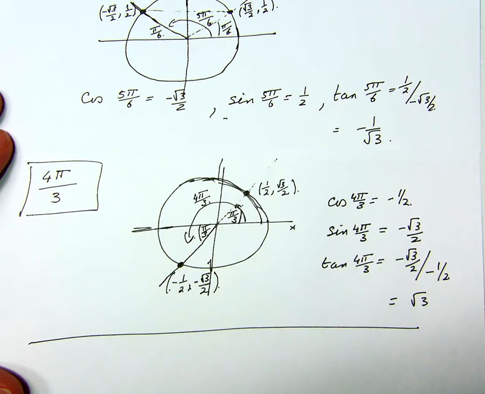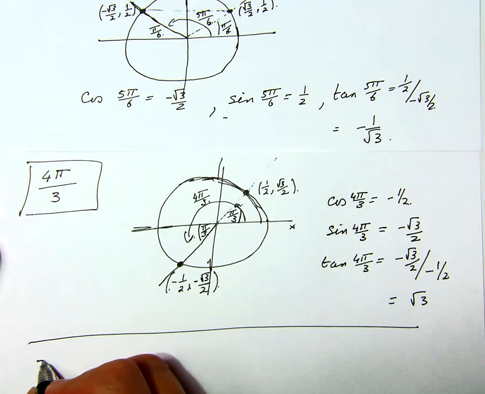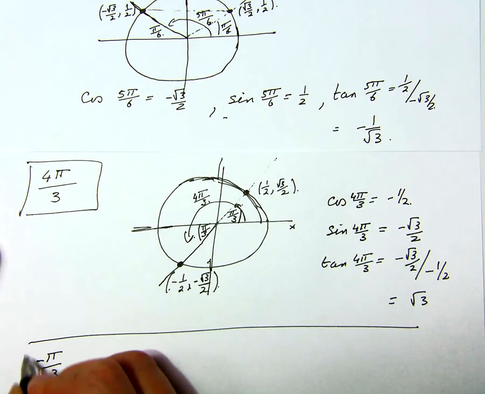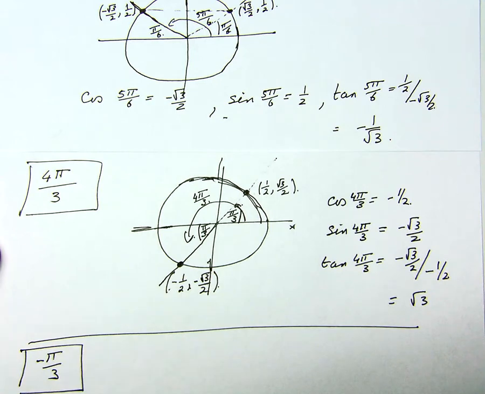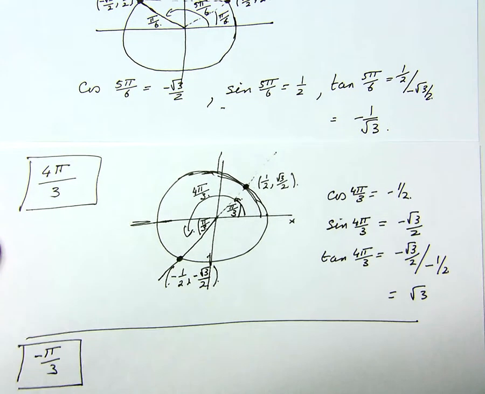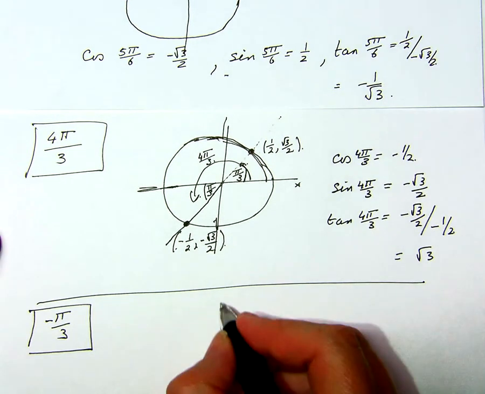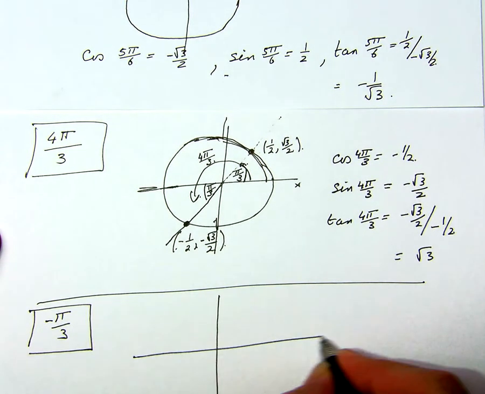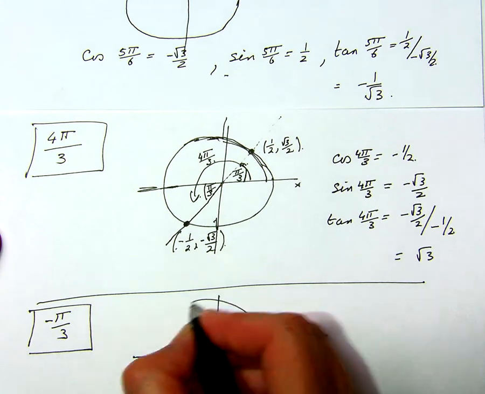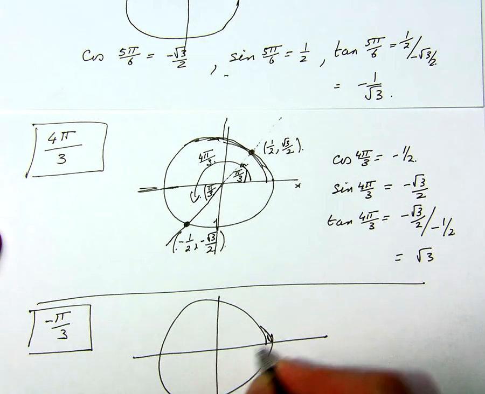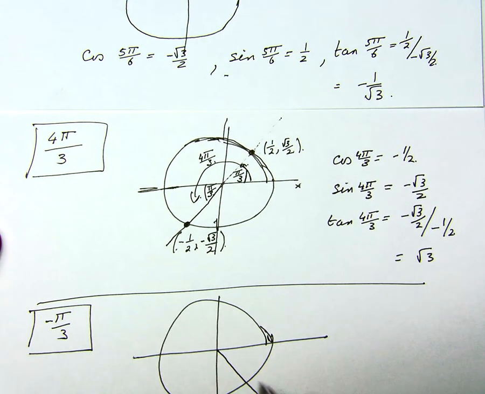Let's try another angle, minus pi over 3. We want to figure out its sine, cosine, and tangent, and all of these depend on the terminal side of the angle. So we draw a picture of the terminal side of this angle. It's in the fourth quadrant.